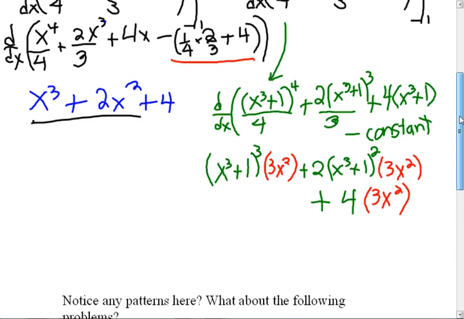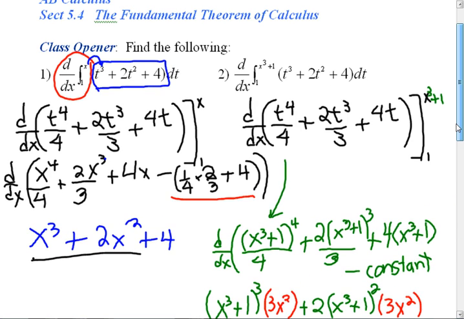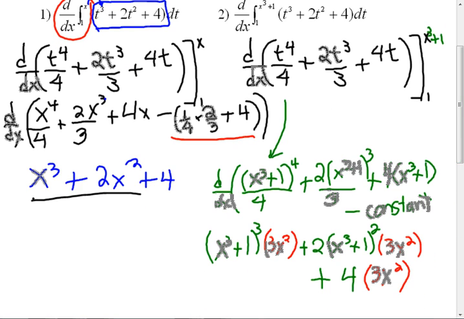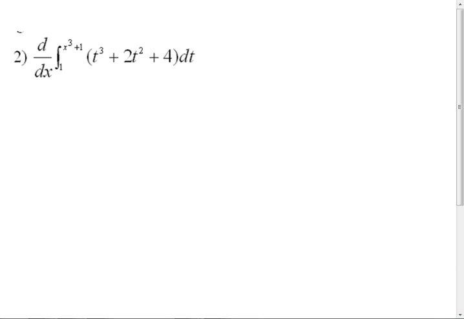But when you anti-differentiated it, you had this x cubed plus 1. So when you take the derivative back again, you still have to do the derivative of the inside function. So let's try another one. Oh, I did that already. It's the same one we just did, but you probably won't see it. All you do is you take x cubed plus 1 and substitute it right in there for that t and that t.